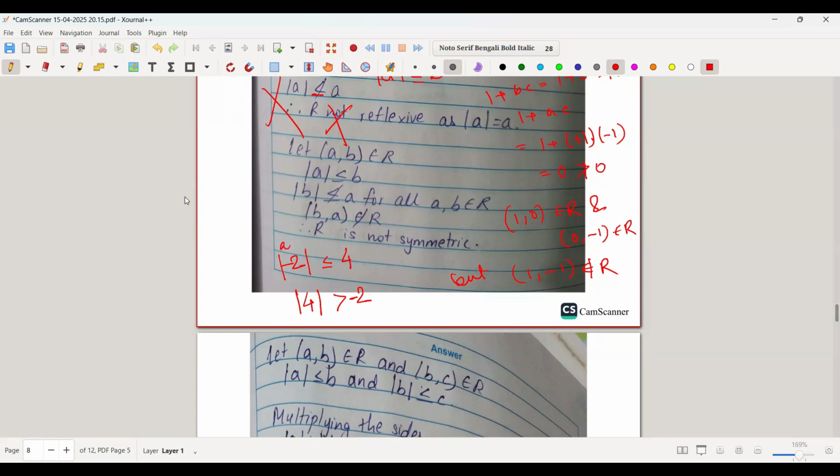This is A and this is B. No, we want to show that some B is less than A. Okay, is there any example? Mod A is greater than B. Sorry, mod A is less than B.